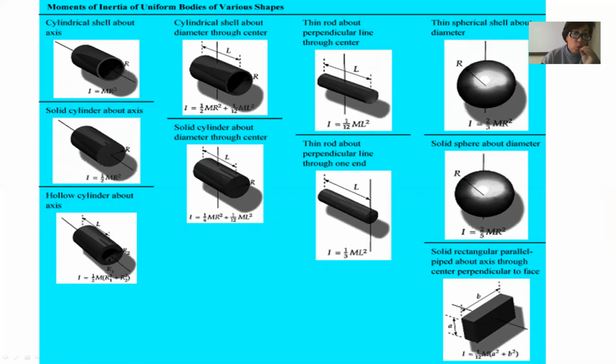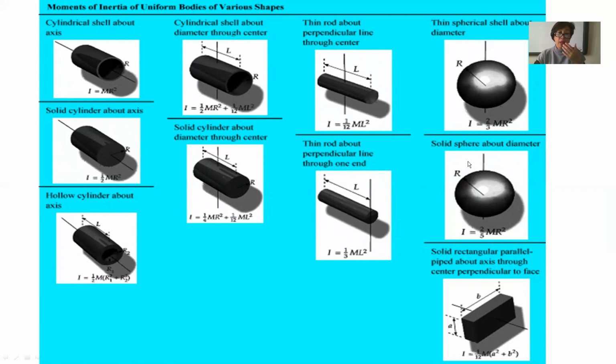Then the rod about a perpendicular line through one end, we're using the formula moment of inertia 1 divided by 3 ML squared. Next, the thin spherical shell about a diameter. For the thin spherical shell about the diameter, the moment of inertia is 2 divided by 3 MR squared, where R is the radius of the sphere.